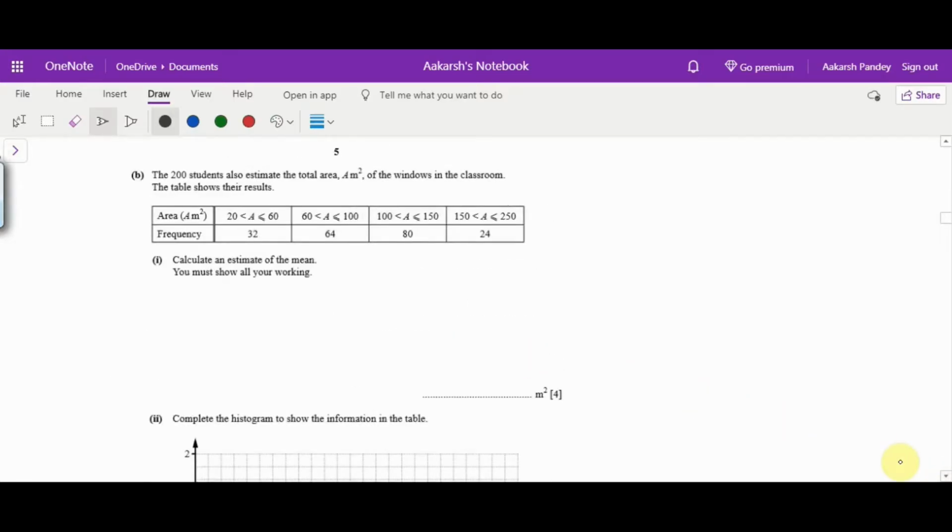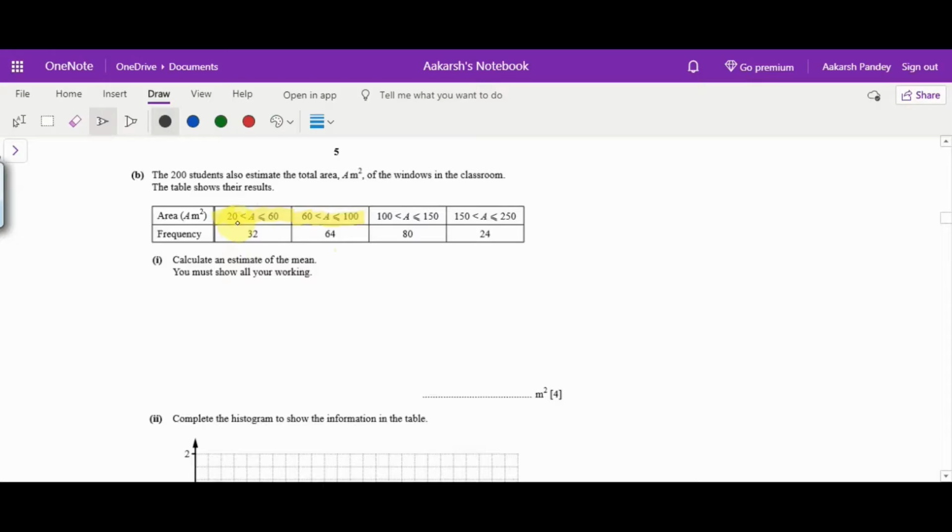Now we have to calculate the mean of the data. Whenever we are working with grouped frequencies, like in here where we have been given groups, for the mean we assume that the frequency, because we have been given a frequency of 32 and the range is between 20 to 60, we can safely assume that all these 32 values were actually 40.